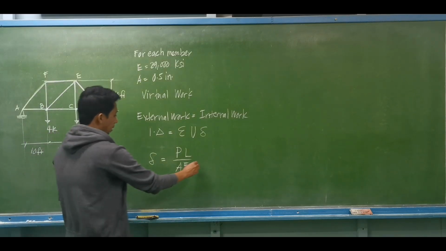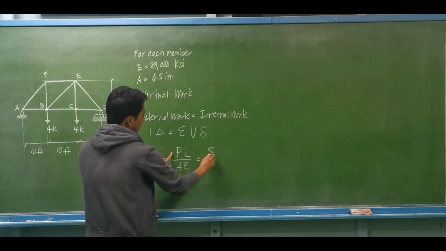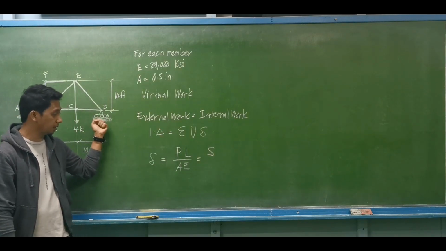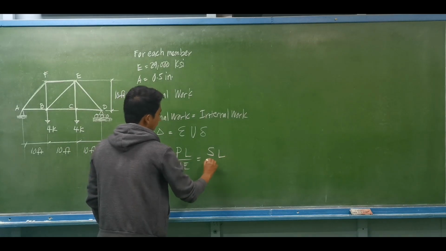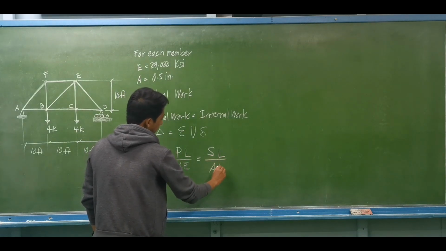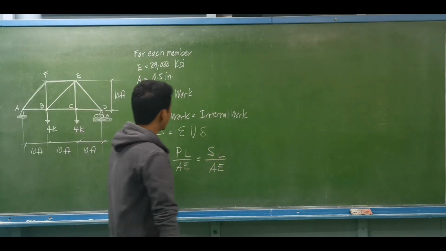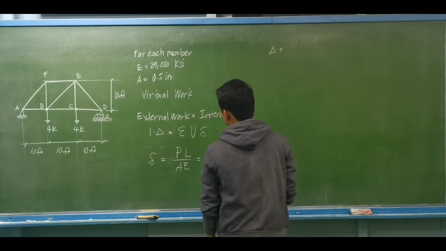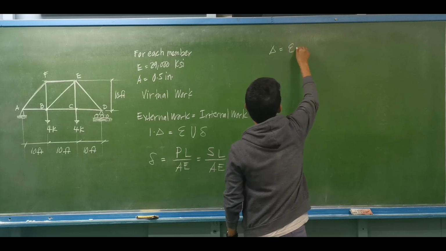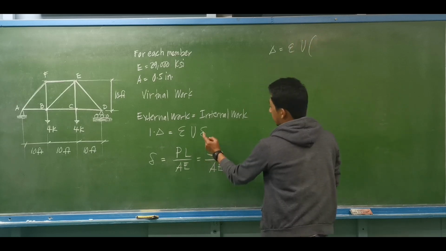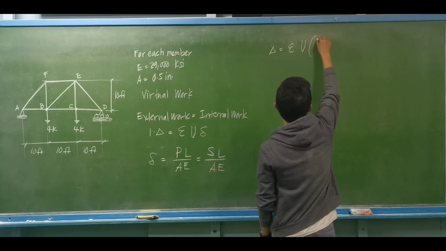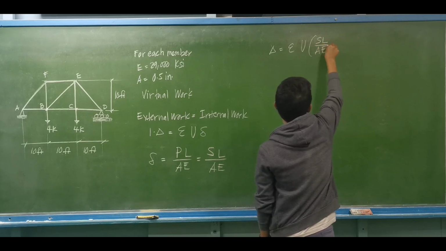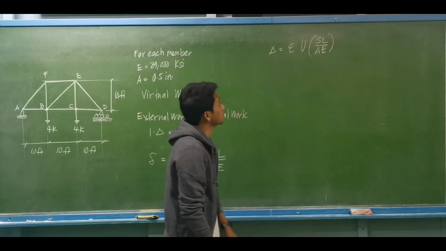But here, we are using S to represent the axial force per member of the given truss multiplied by the length, divided by the area times the modulus of elasticity. Since the unit load is 1, the displacement is equal to the summation of the unit load multiplied by the delta. The equivalent of delta is the axial force per member, the length, divided by the area times the modulus of elasticity.